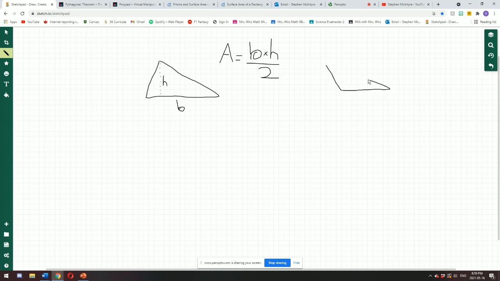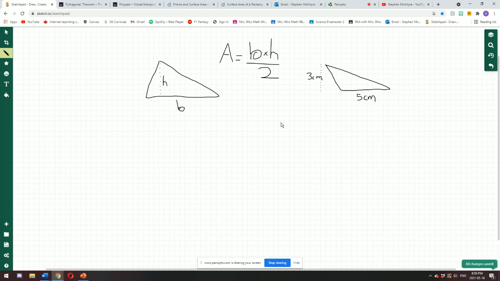Why not? Okay. So let's say that the base is 5 centimeters. Let's say the height of this triangle is 3 centimeters.